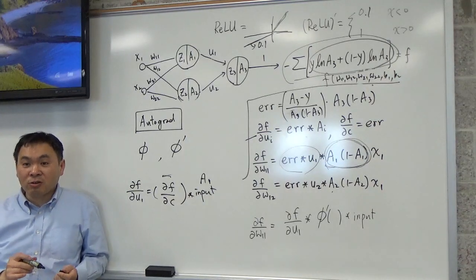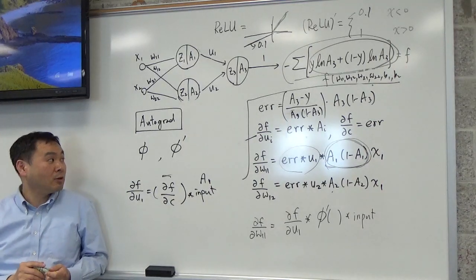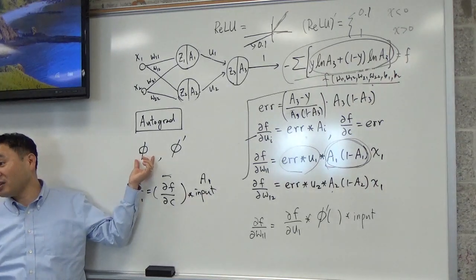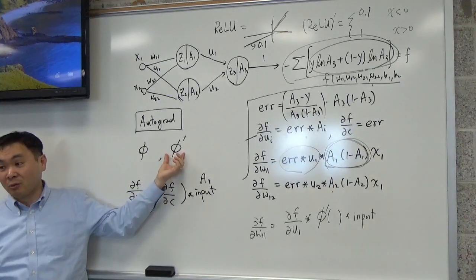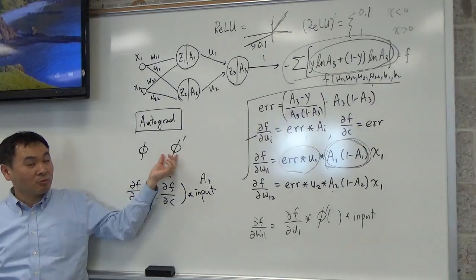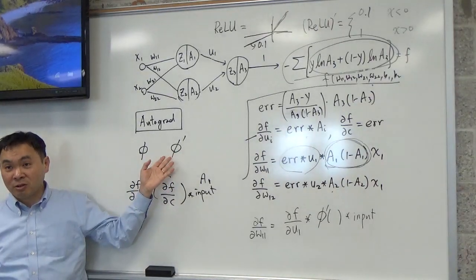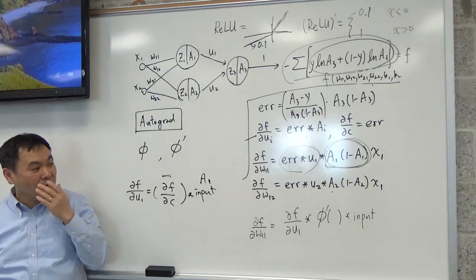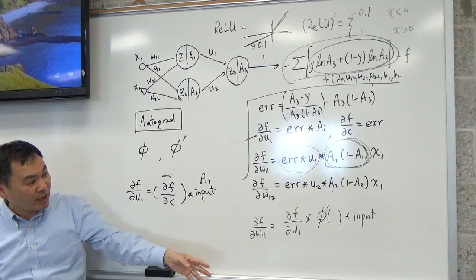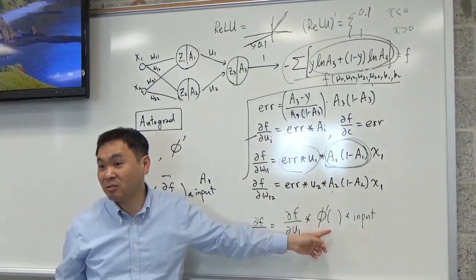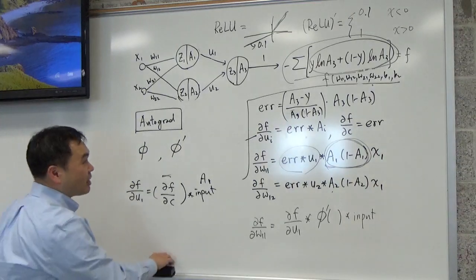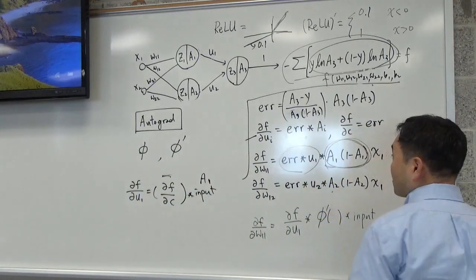And if you want to make your own, that's fine too. You just have to define it, and you have to tell the software what its derivative should be. Okay? So once you calculate these and give it to the package, then it will just do all these calculations automatically because it knows exactly which place the derivative should be put in. Okay, and that's what popular neural network software does.